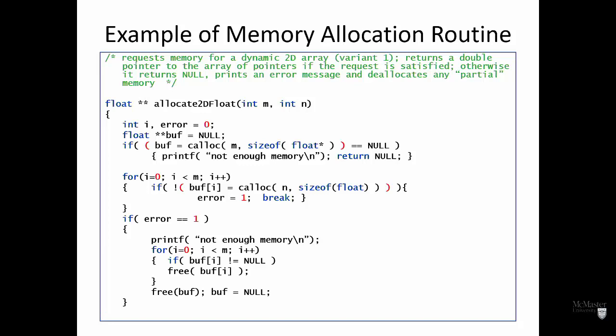And then afterwards, you do a loop. You try to allocate each array separately. And you do the same check. If it fails, what would happen? First of all, you have to break, because there is no need to try to allocate more. You already failed to allocate.